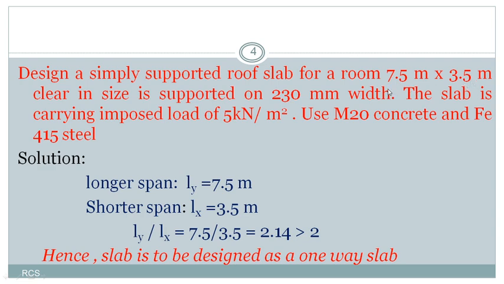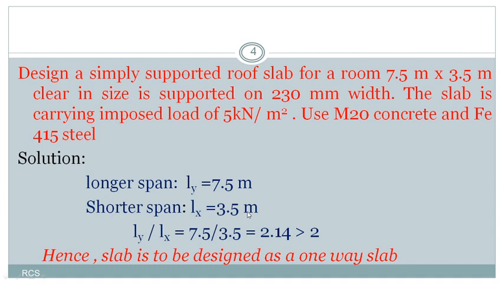Generally the longer span is designated Ly, so the longer span Ly is equal to 7.5 meters. And the shorter span, in the x direction, Lx is equal to 3.5 meters.